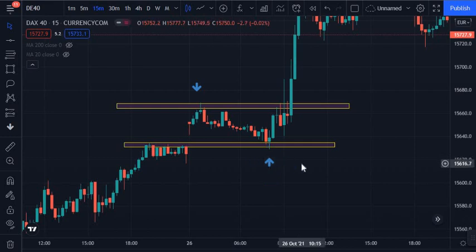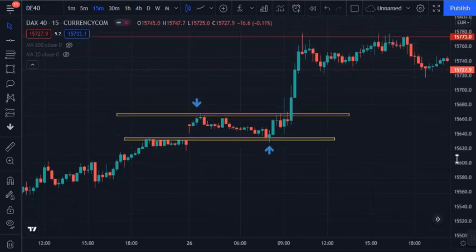And confirmation number four is that once it rejects that zone, we see a push to the upside, or a bullish candle, sorry. As you can see, it has a bullish candle over here, and that confirmed to us that this trend is more than likely to go to the upside. So we waited until market open, and boom, the price moved to the upside.